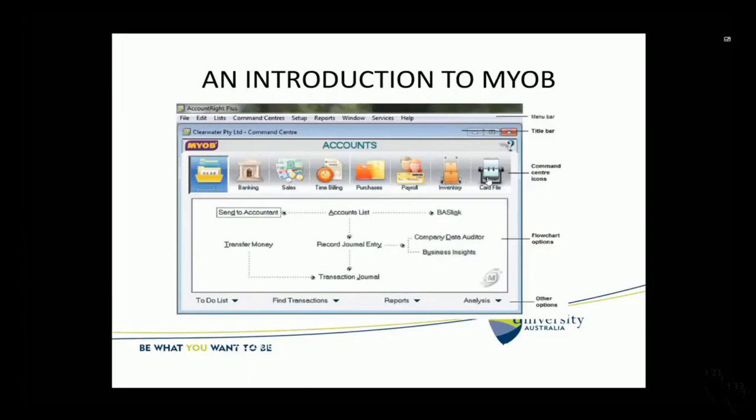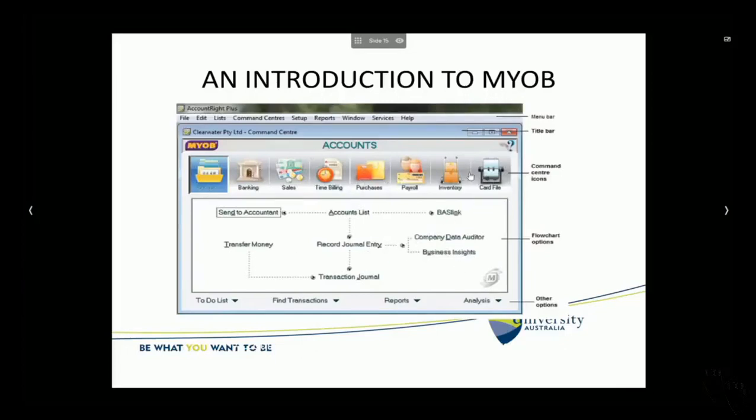So you can see, in the card file, you'll see all of the different files for your employees and your other accounts that you use. So banking, again, is to do with receiving cash money, making deposits to the bank, reconciling your bank, and so forth. So there are basic, and of course accounts, which you can see here.